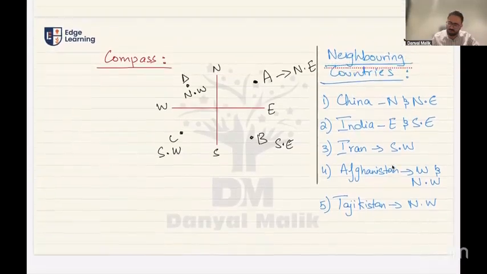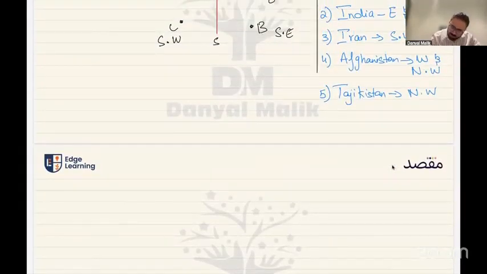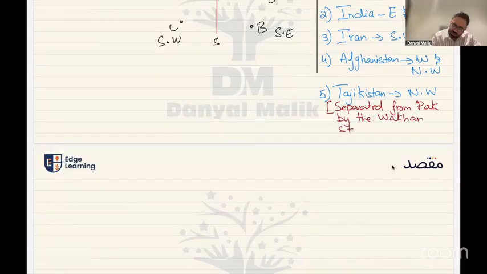So over here, you will write down one small thing: it is separated from Pakistan by the Wakhan Strip, or also called the Wakhan Corridor.